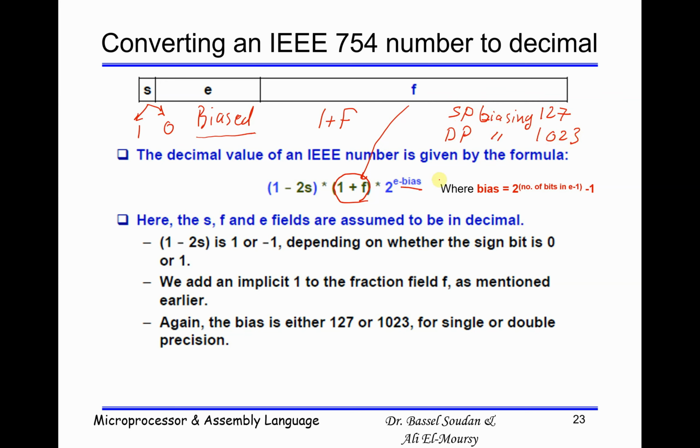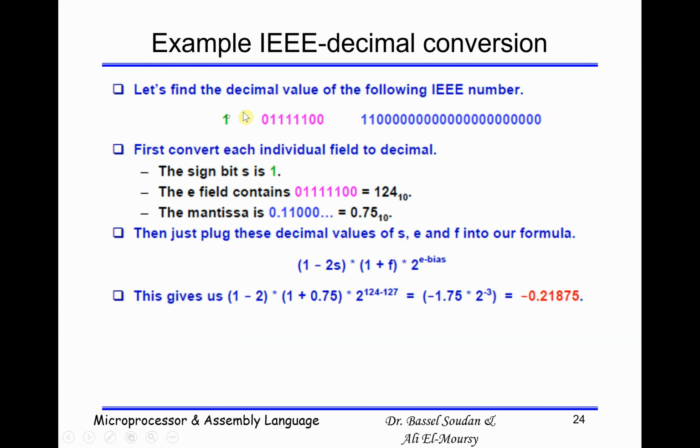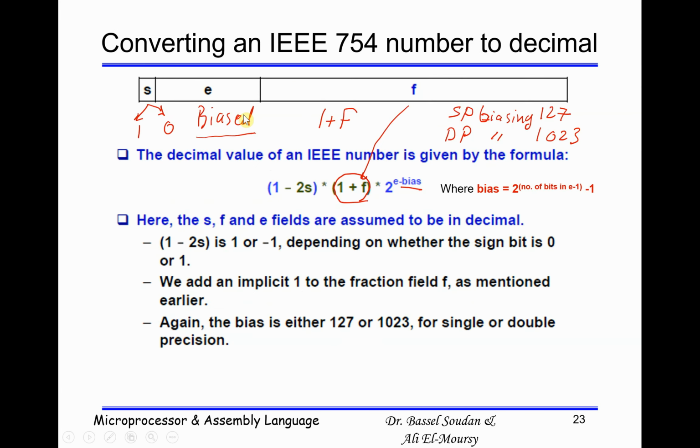So I take E, which is biased, subtract the biasing, and raise 2 to that power. So 2 to the power E minus the bias indicates the value of the exponent side. Then the fraction mantissa has 1 added to it.